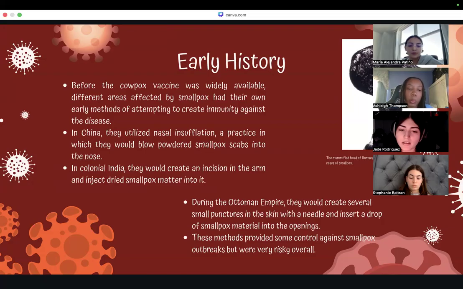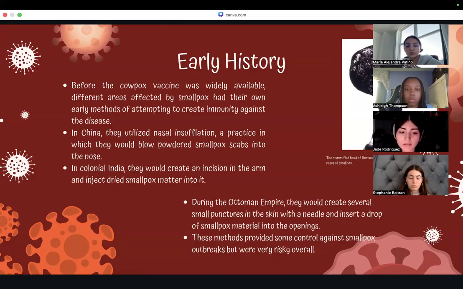And to add on to the early history of smallpox, before the cowpox vaccine was widely available, different areas affected by smallpox had their own early methods of attempting to create immunity against the disease through variolation. In China, they utilized nasal insufflation, a practice in which they would blow powdered smallpox scabs, sometimes mixed with plant material, into the nose.